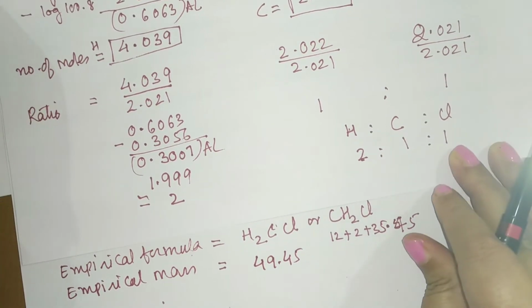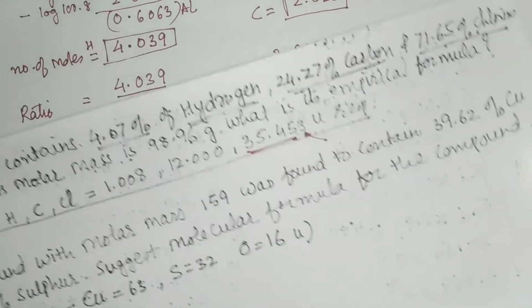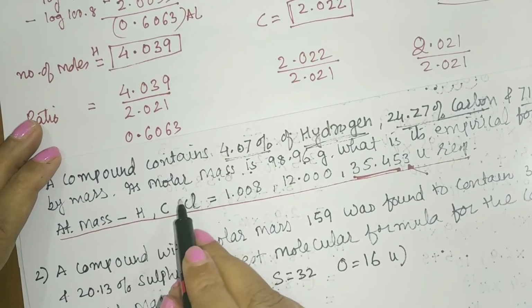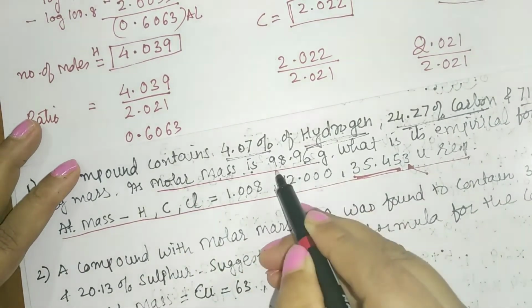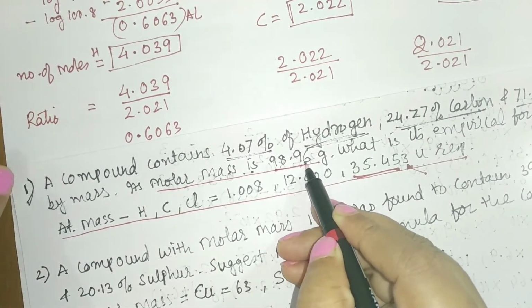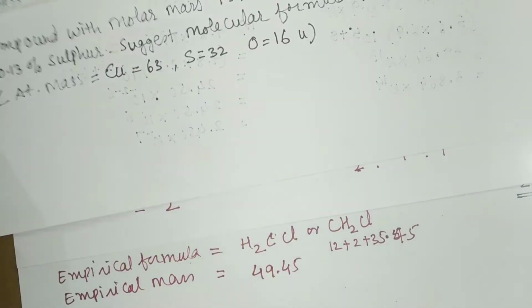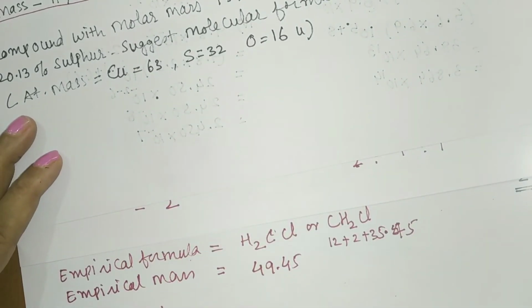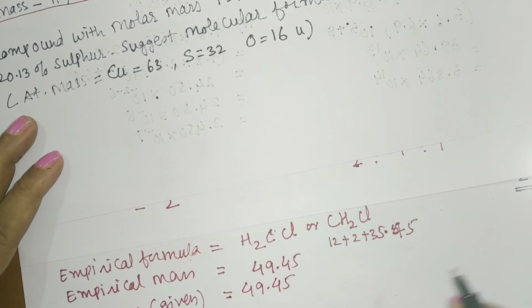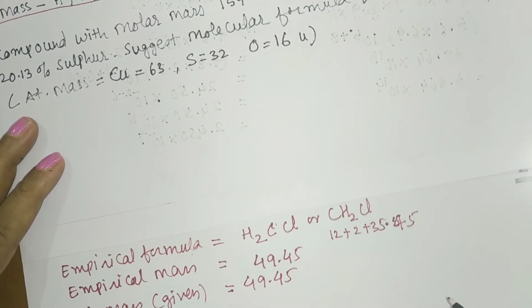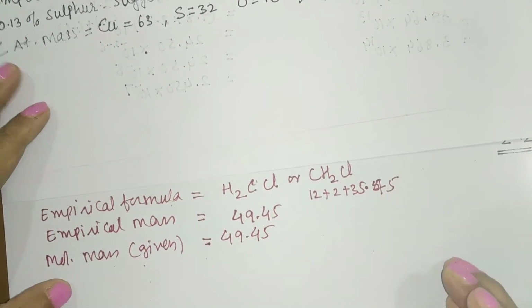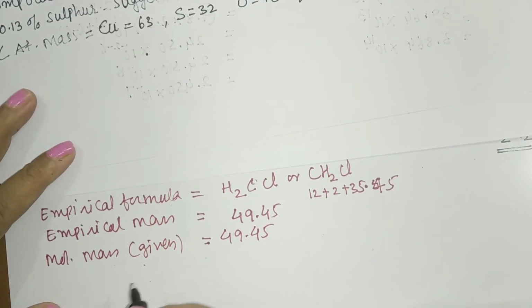Now if you check out the question, they have given the molecular mass here, and the molar mass is 98.96. This is given. So I have the empirical mass here, 49.45. So what can I get, students? I can get now the integral multiple value. So what will be that?